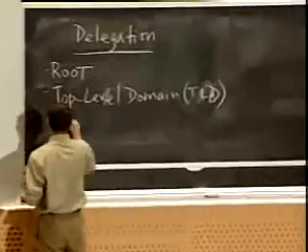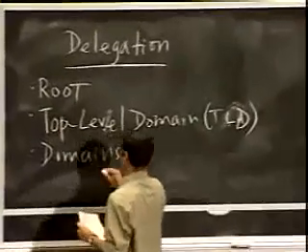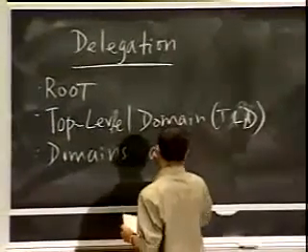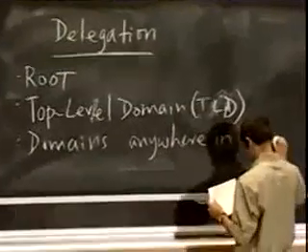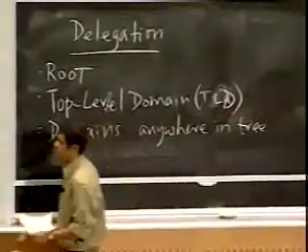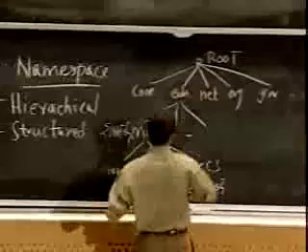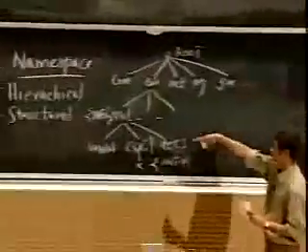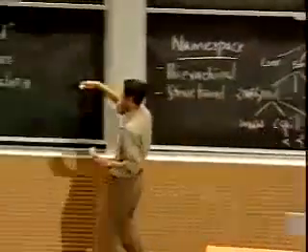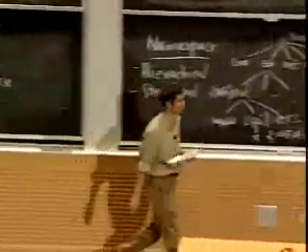So domains can be formed anywhere in the tree. And that's really nice, because you don't have to go back to a central entity in order to add these names, and that's the main reason why the central server model doesn't really fly.